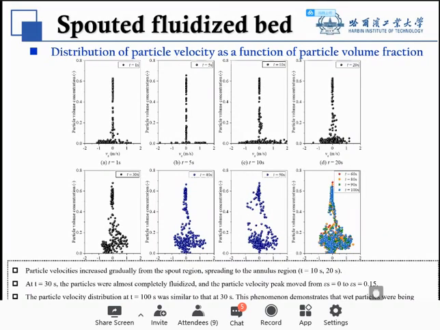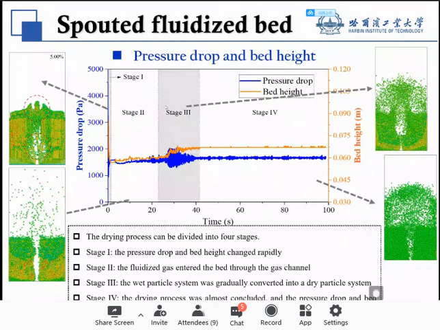And this phenomenon demonstrates that wet particles were converted into a dry particle system during the third stage, and we can analyze the results by combining the previous results and figures like this. Here's stage 3.